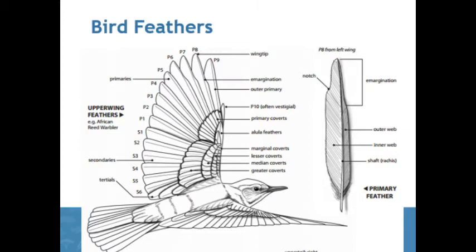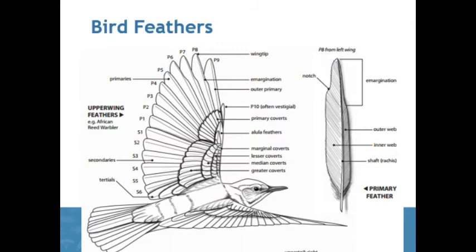And then finally, the ones that sort of give the connection to the body, they're the tertials that connect the wing to the body and so create that nice smooth flow across. So the primary and the secondary is signified by the joint in that wing? Yeah, you missed that last week, sorry.